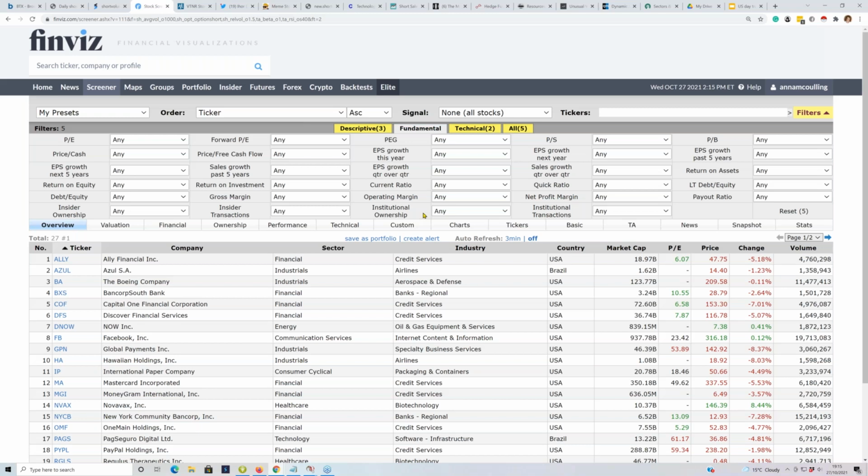Now, we don't cover the fundamentals in these sessions, not because we don't want to, but because we're talking more about trading. The fundamental metrics for stocks are, I would say, much more from an investing perspective, but it's something that we will certainly cover in a program that David and I are already talking about putting together.